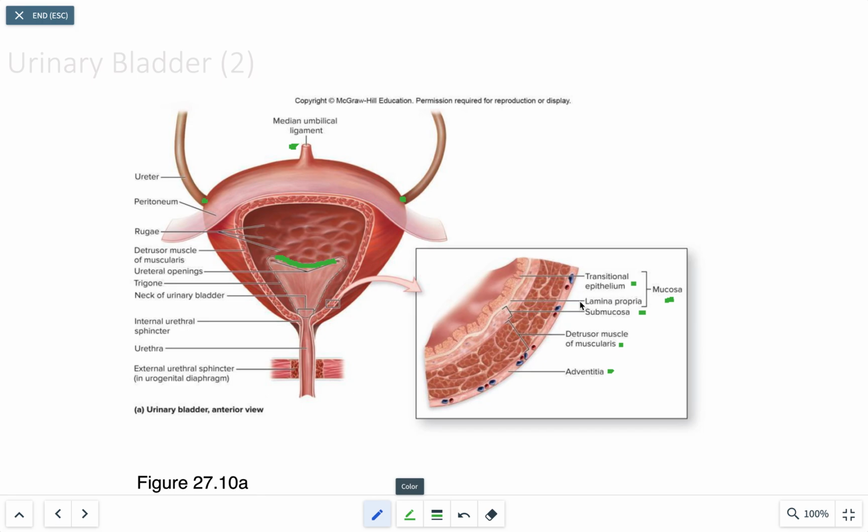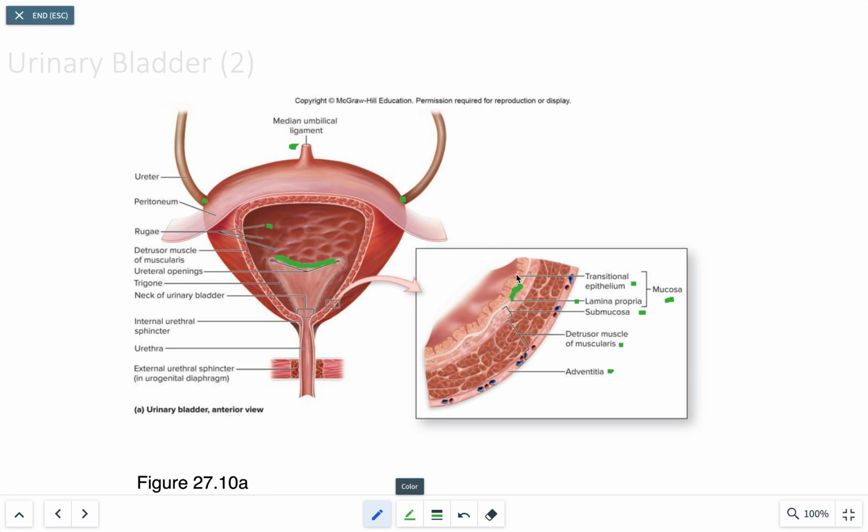It also houses the lamina propria, this thin lining here. This is a very highly vascularized area. And as mentioned before, it also has the rugae, which is here. These rugae are mucosal folds that accommodate different types of distension.